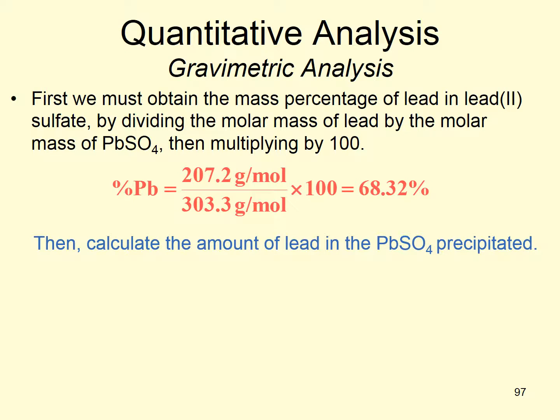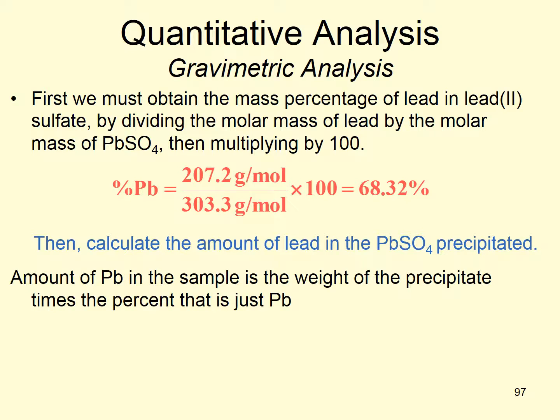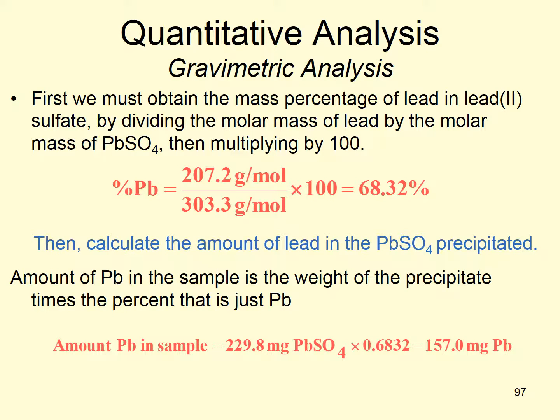So now if we take the amount that was given in the problem and multiply it by just the percent of lead, we'll figure out how much of it is just lead. So the amount of PbSO4 was 229.8 milligrams.